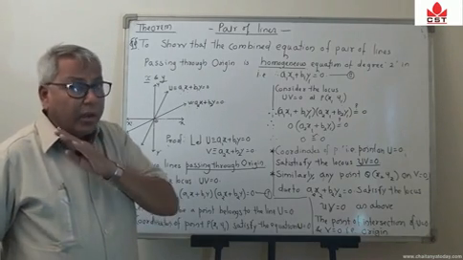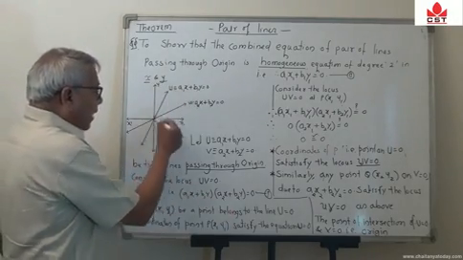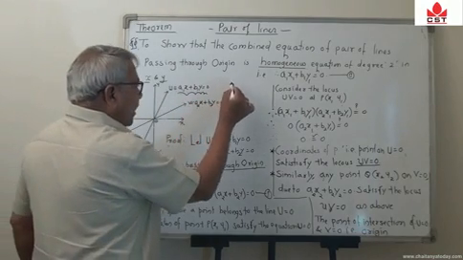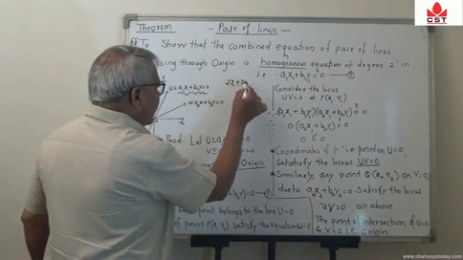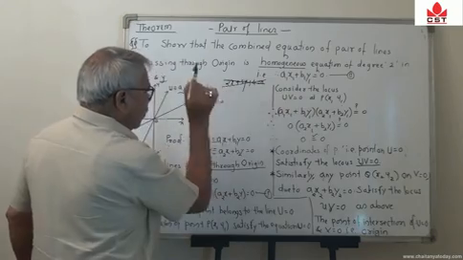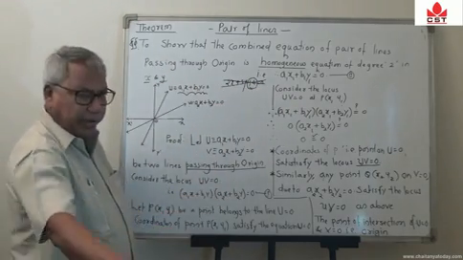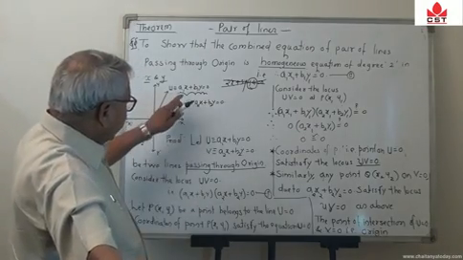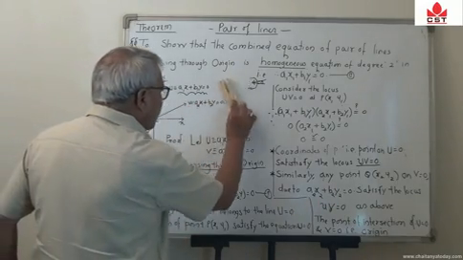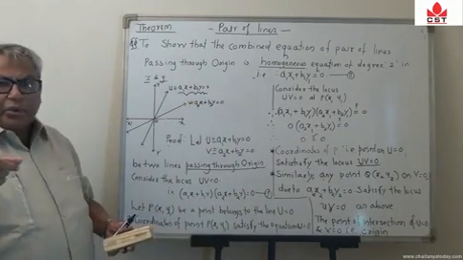But I don't want lines parallel to any axis, I want lines passing through origin. So no separate constant, because if you get 2x plus 3y plus 4 is equal to 0, it is not a line passing through origin, since the constant 4 is there. That's why I have taken u is equal to a1x plus b1y is equal to 0 and v is equal to a2x plus b2y is equal to 0.